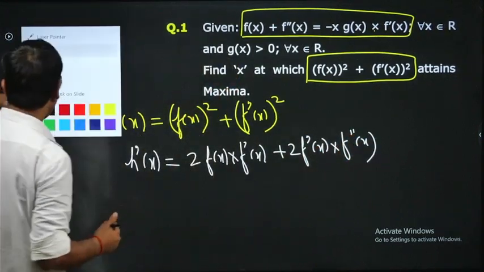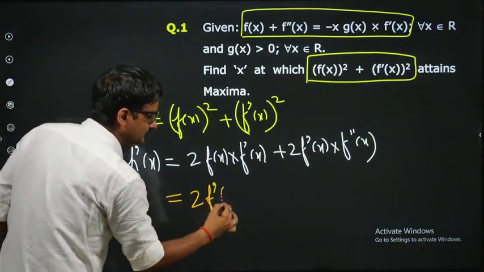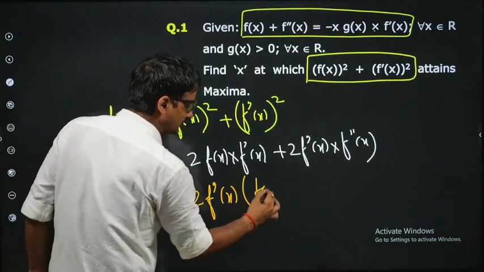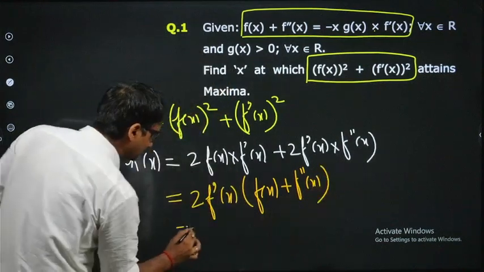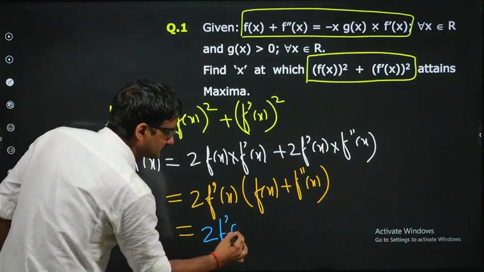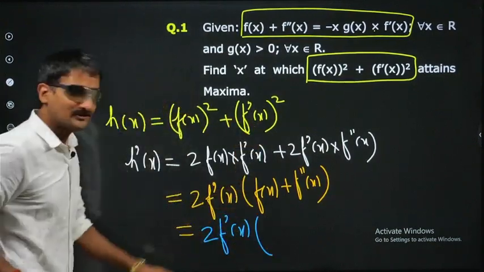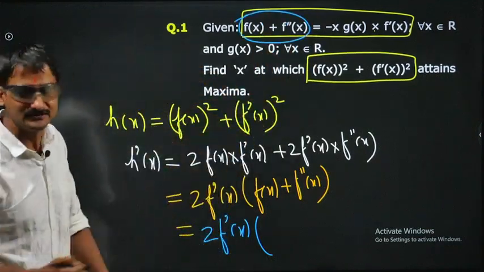Now just take 2 f'(x) common. What are we left with? We are left with f(x) plus f''(x). So we get 2 times f'(x) into, now see, this is what we are given here, f(x) plus f''(x). How much is it?